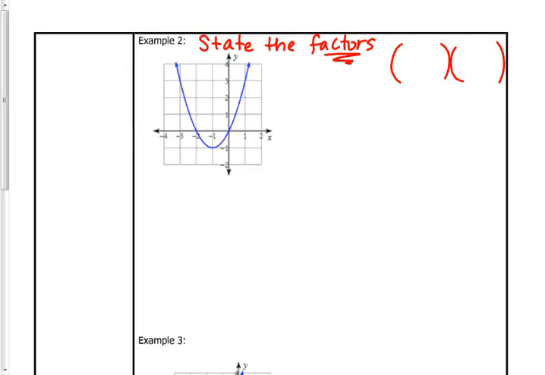What are my x-intercepts? My first x-intercept is right here, and this is actually negative 2, right? And then the other one here at the origin, and the number for the origin is 0, okay? So I have 0.